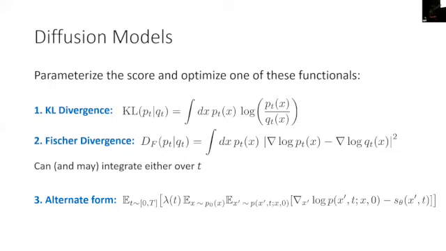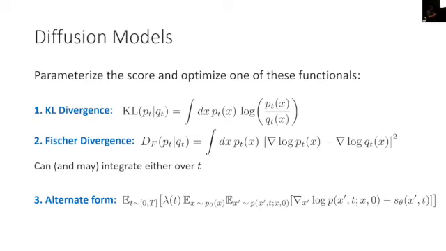Secondly, for this Fisher divergence, you probably want to integrate at least one of these over t to make sure you learn all the distributions in between, not just the one at time 0. And thirdly, if you know the flow of your SDE explicitly, then you can make training with respect to Fisher divergences very efficient, by basically integration by parts. So that's helpful.